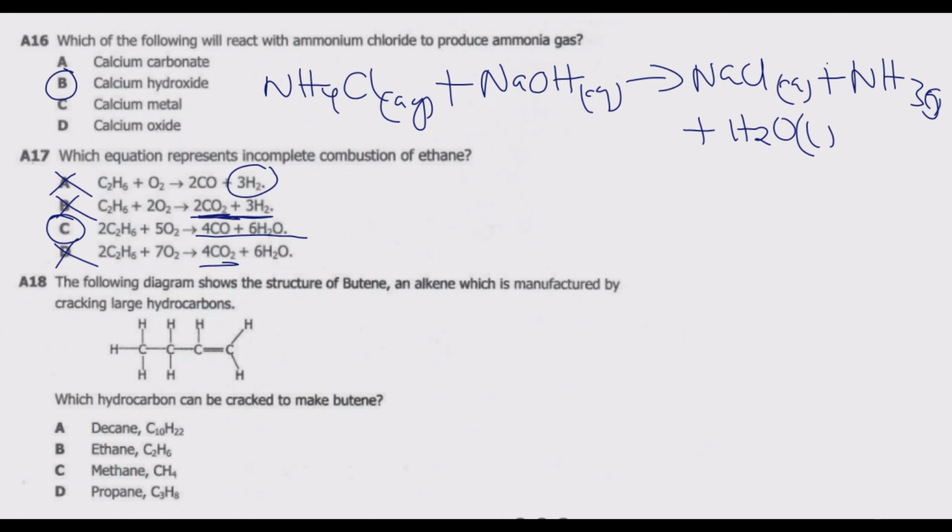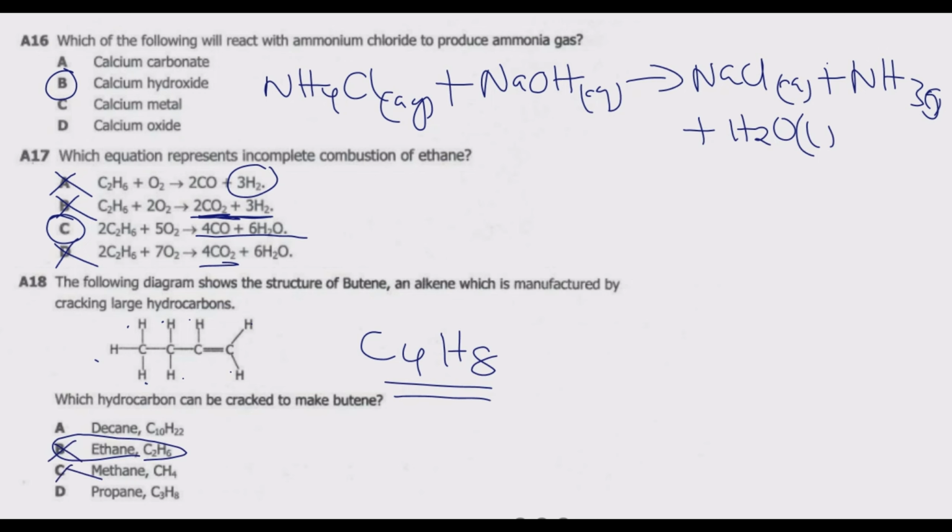But now we need to see, if you look at this formula, butene, we have C4, then H: 1, 2, 3, 4, 5, 6, 7, 8. So we have 8. Now if you see B, we cannot use it because this is smaller than the first one, so B is out.